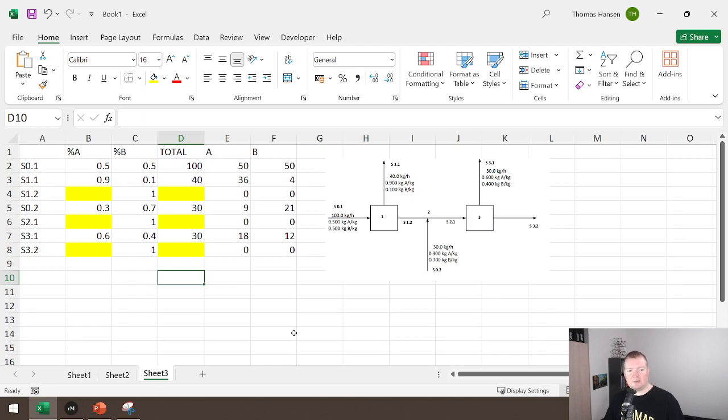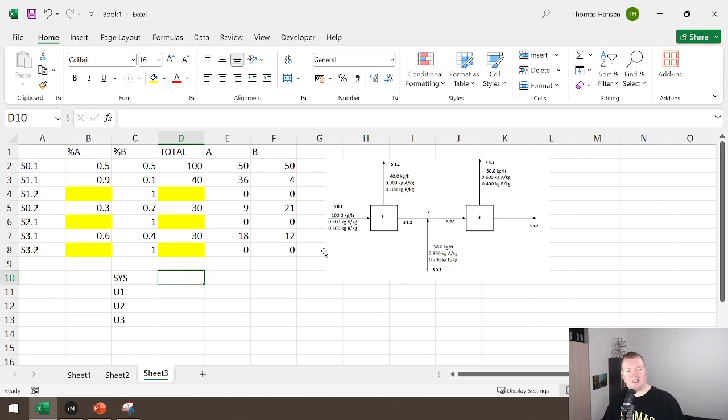Now, in this case, I'm going to write up all of the different equations or systems that I can look at. I can look at my entire system. I can look at unit 1, 2, and 3. Unit 2 is my mixing point here. And for all of them, I just need to move them one to the left. I can do a total balance, an A balance, and a B balance.